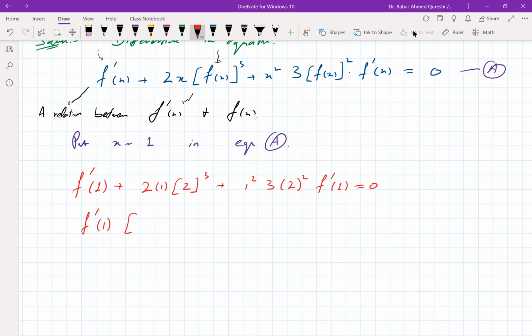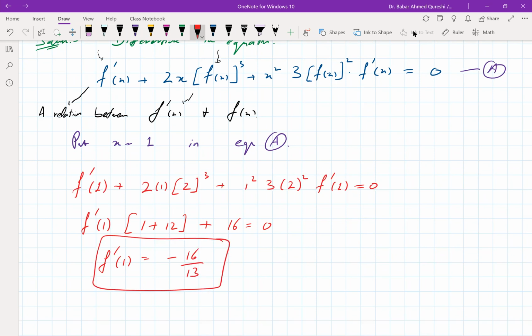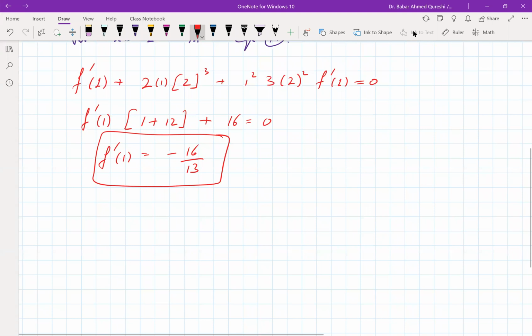So you get 1 plus 12 plus 2 to the, this is 16. So that's the answer. And all you did is take an implicit derivative.